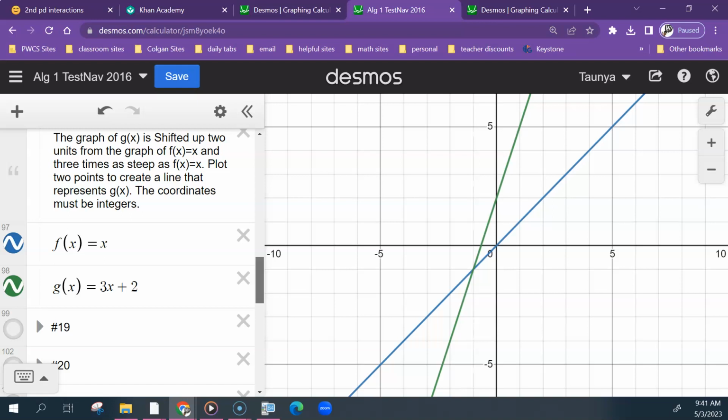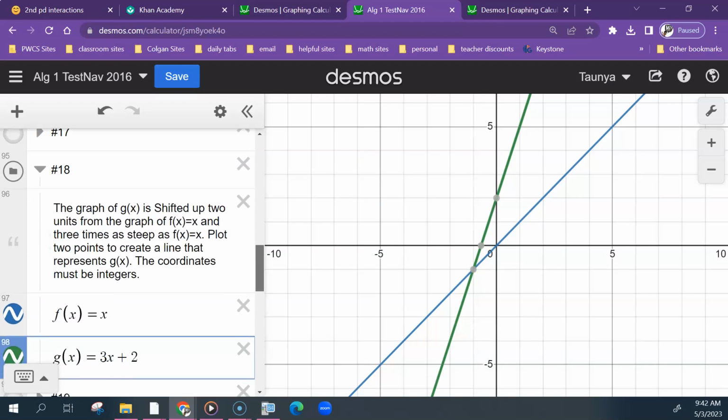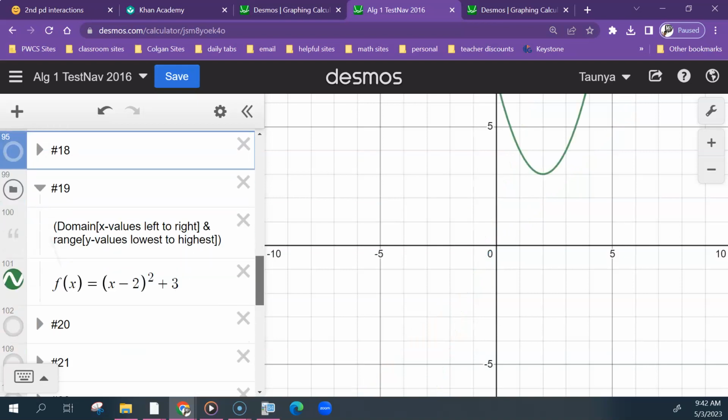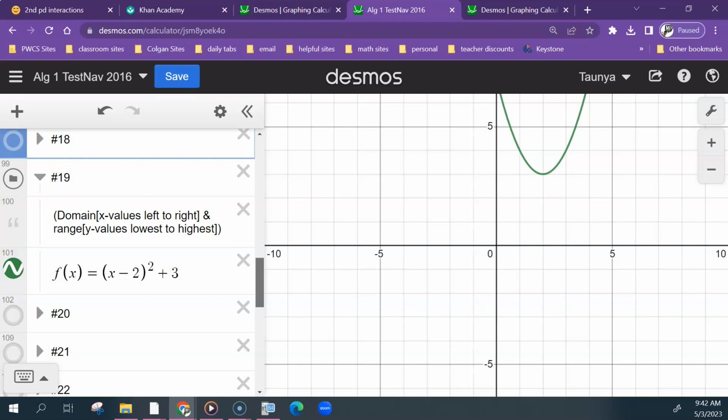So you could use that line to plot points. But make sure you don't plot too many, because I don't know if it takes off for that. And then once you plot 2 points, a line would be created for you. So any 2 points on that line. Questions so far?